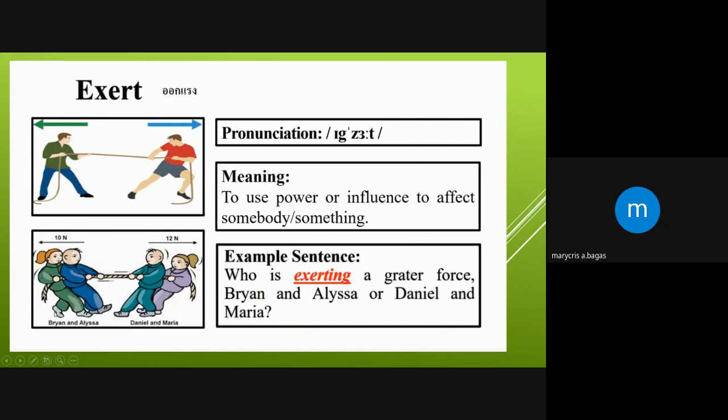So here you can see on the left side, Brian and Alyssa exert 10 Newton and Daniel and Maria exert 12 Newton. So who exerts greater force? Here we can see on the right 12 Newton, on the left side 10 Newton, meaning Daniel and Maria exert more or greater force.